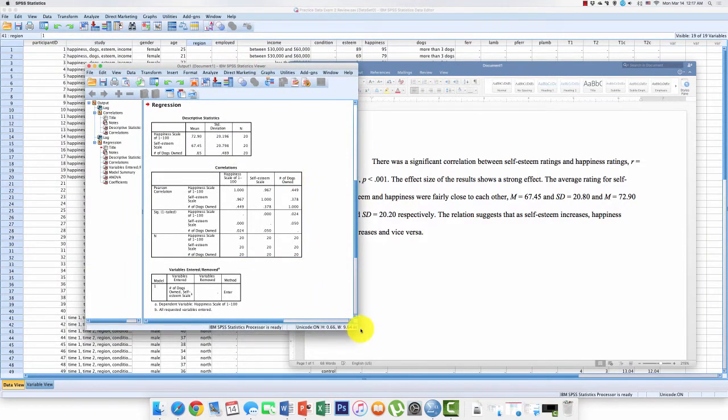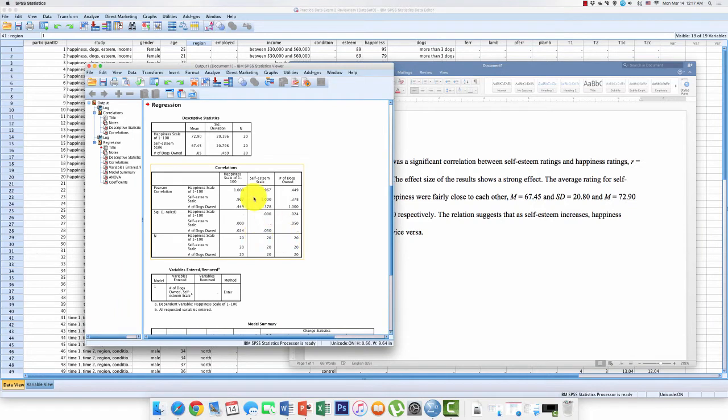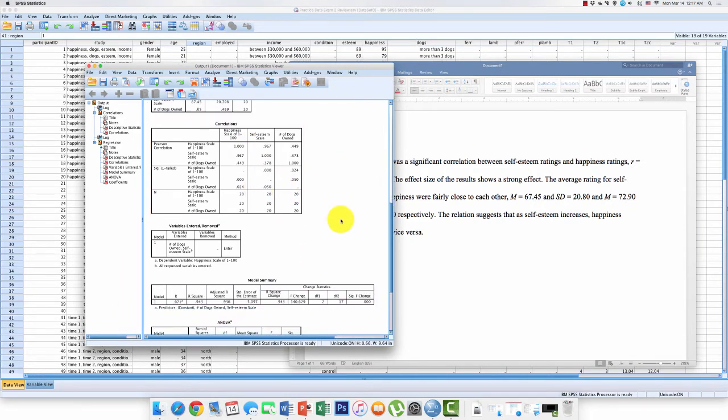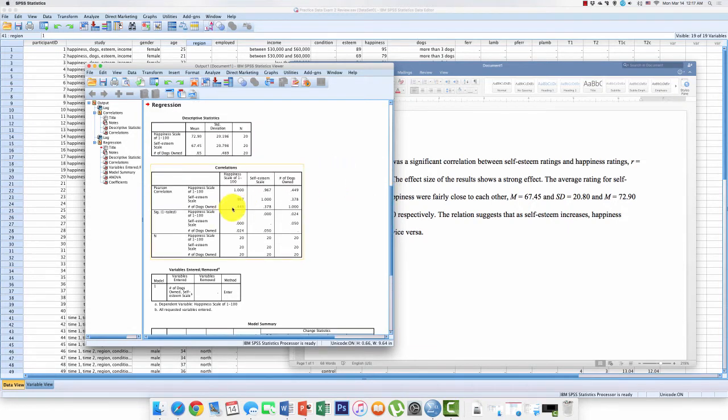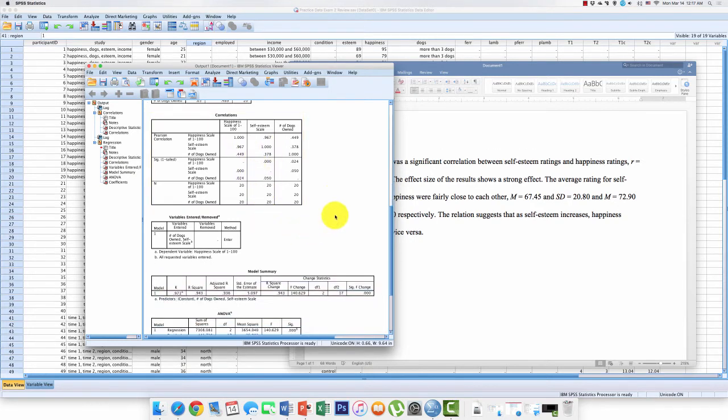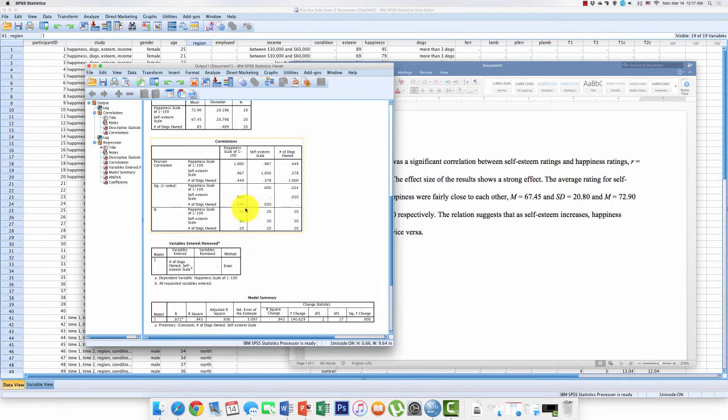We see here, let me open this window up a little more, we have our correlation that we had already talked about with self-esteem and happiness. There's also now a correlation for happiness and number of dogs owned, and self-esteem and the number of dogs owned. If you look at their significance values, happiness and number of dogs owned is 0.02. It's less than 0.05, which means it's significant.